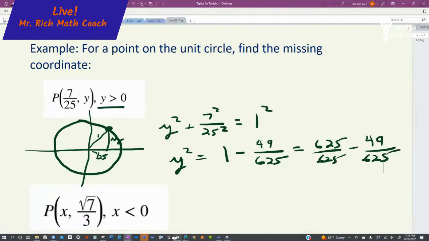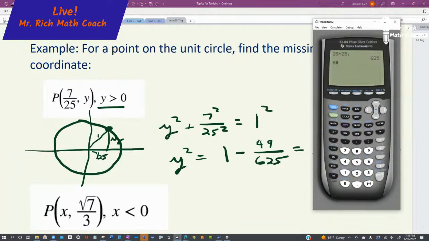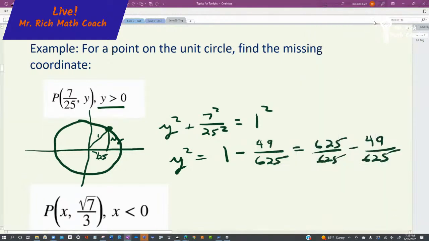And we'll do that on the calculator, right? So I'm going to take 625 minus 49, and I get 576. So this is 576 over 625. That's what y squared is.